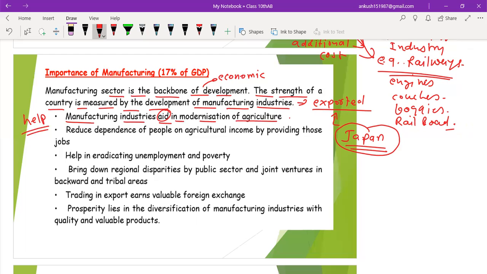You might have seen nowadays that the traditional way of doing agriculture is vanishing from our culture, from our society. Many times we use mechanized things.